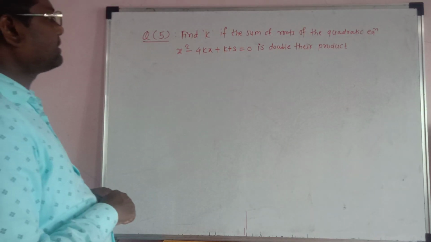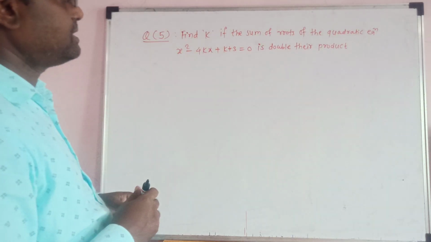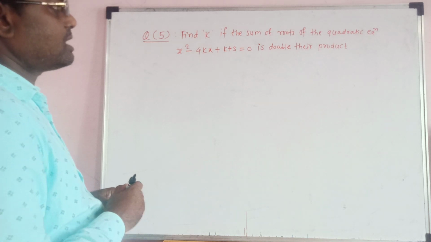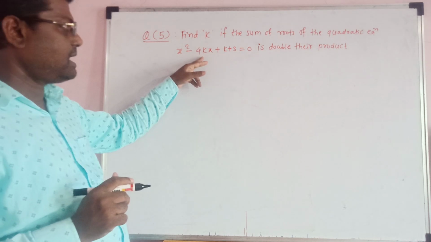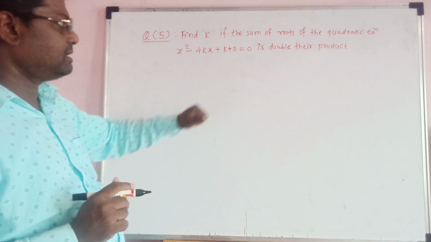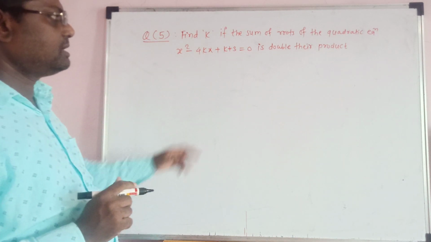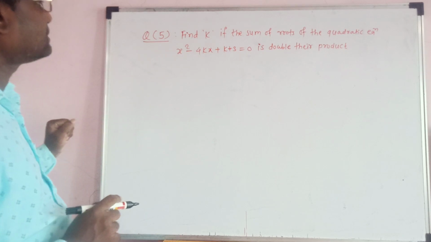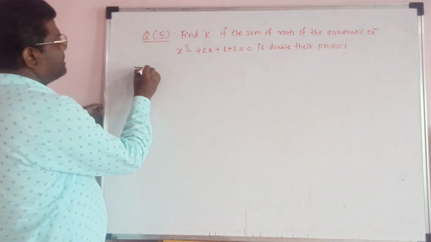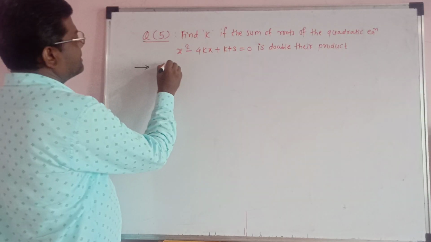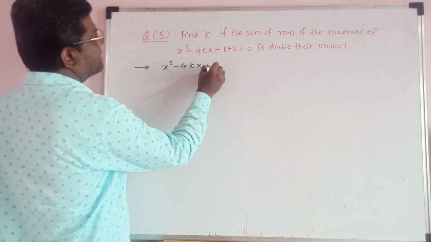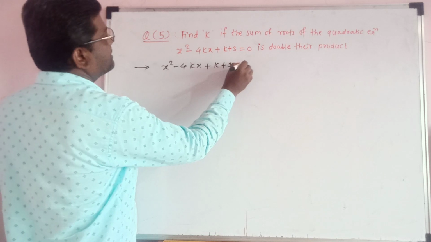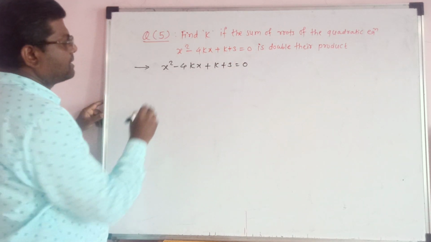Question number 5. Find k if the sum of roots of the quadratic equation x square minus 4kx plus k plus 3 is equal to 0 is double their product. Now the given quadratic equation is x square minus 4kx plus k plus 3 is equal to 0.